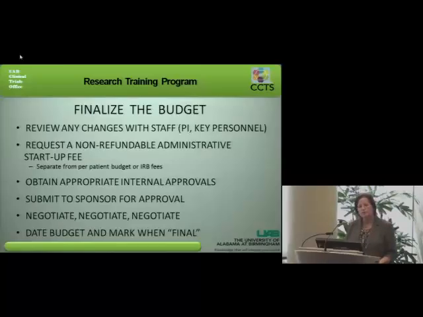You'll have some sponsors that will come back and be very forthright with you and say, this is the best we can do. And regardless of the process, you work your best to get your costs covered because that's what you're expected to do. Once you do finally get a finalized budget that's been negotiated with the sponsor, always remember to date that budget and mark it as final.